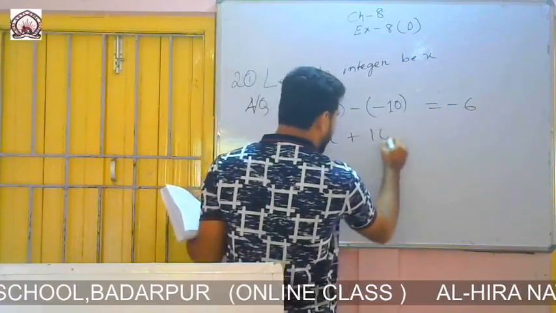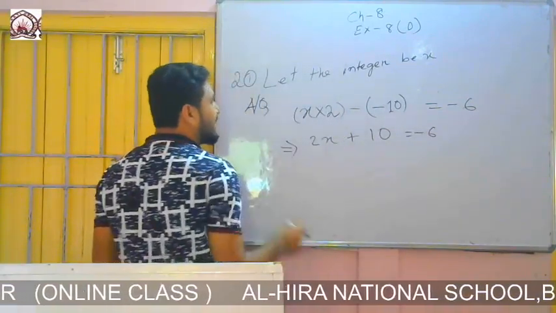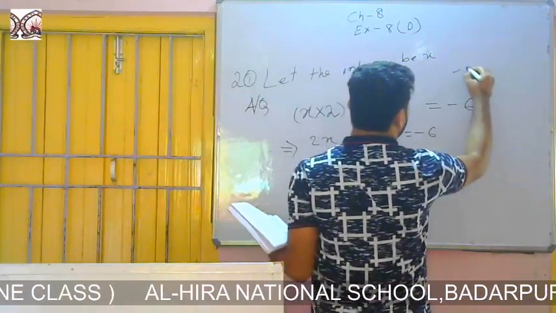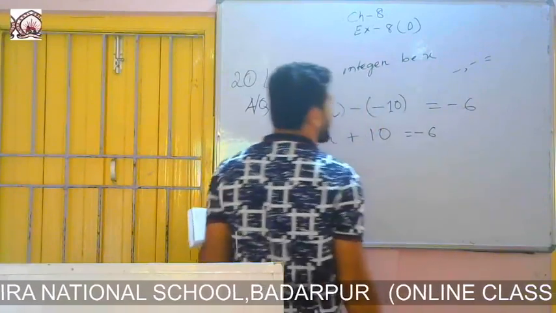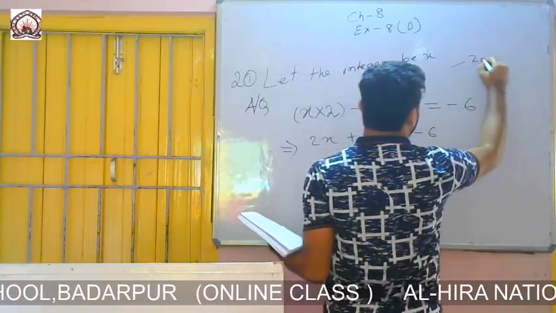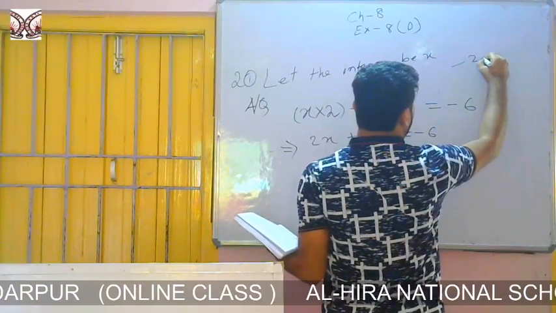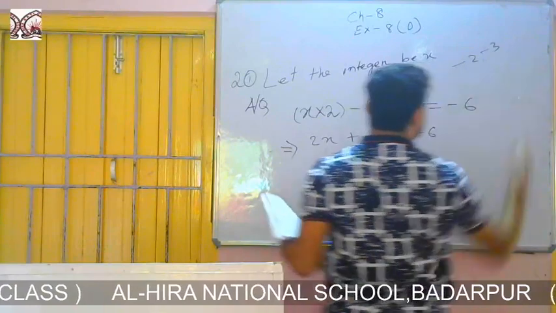Then write 10 equals minus 6. Sometimes what we do, you see the difference here, minus 2 comma or minus 2 minus 3, then we are writing what?